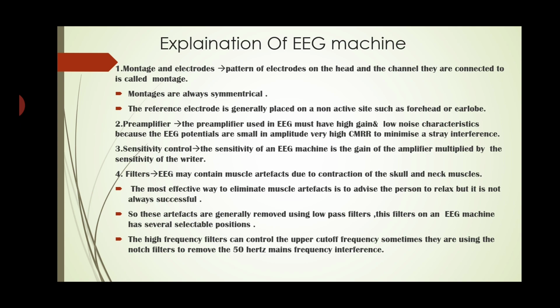The filters on the EEG machine have several selectable positions. The high frequency filters can control the upper cutoff frequency. Sometimes notch filters are used to remove the 50 Hz frequency from the mains.